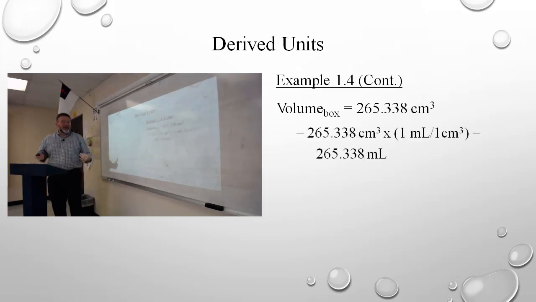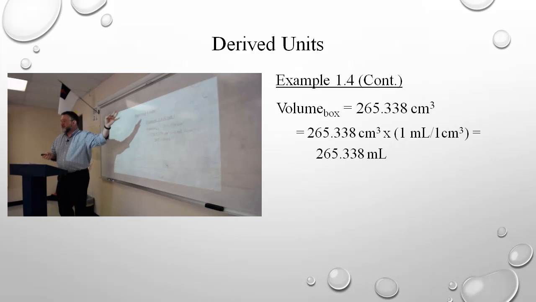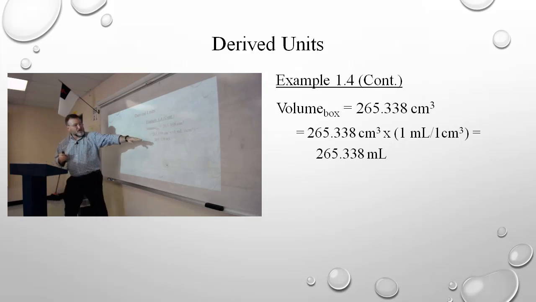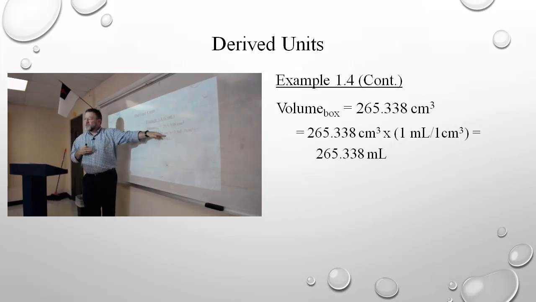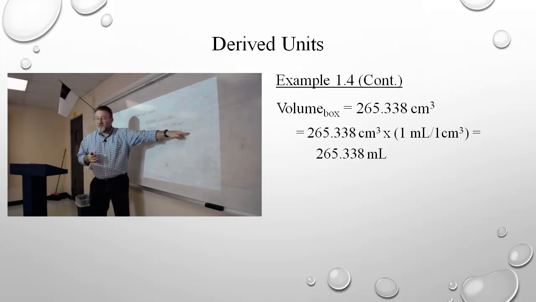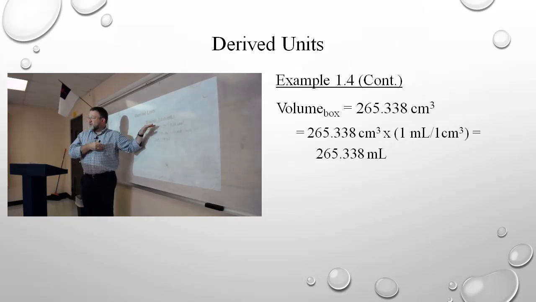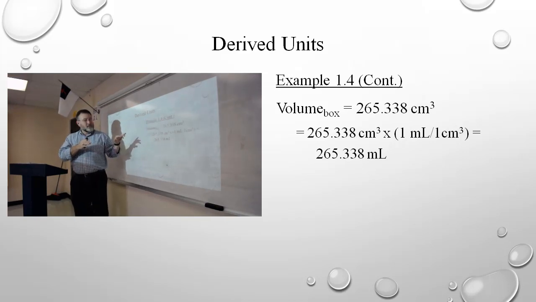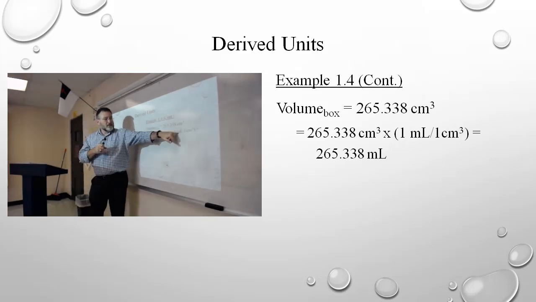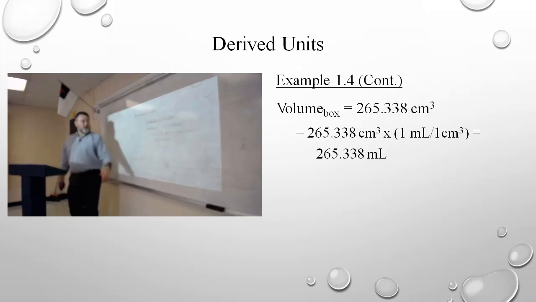I need to apply another statement of equality that we had over there, that 1 milliliter is the same as 1 centimeter cubed. My units are centimeters cubed. Notice in my conversion factor, the denominator is centimeters cubed. That means they're going to cancel each other out. When they cancel each other out, what am I going to be left with? Units of milliliters. And that's what we have right here.